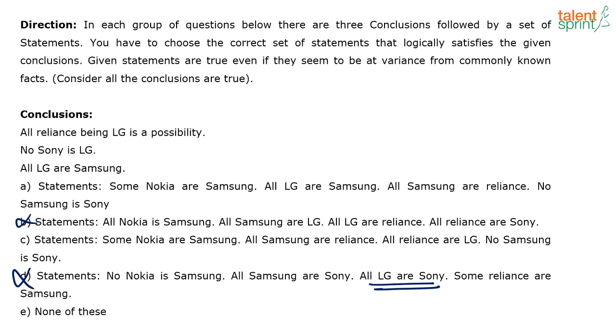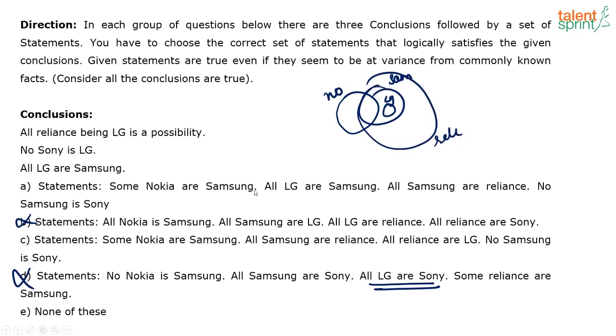Let us draw the diagram for option A first. Some Nokia are Samsung. All LG are Samsung, so LG is inside here, and all Samsung are Reliance, and no Samsung is Sony.